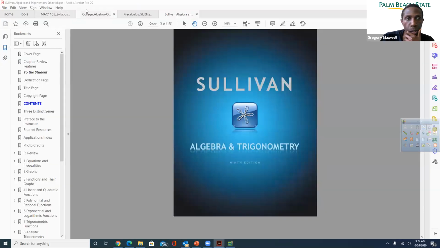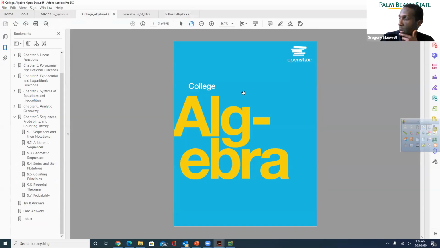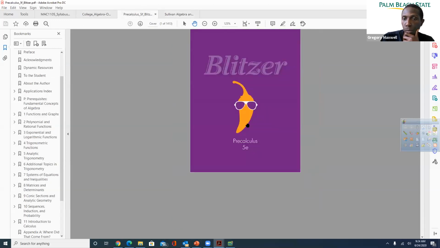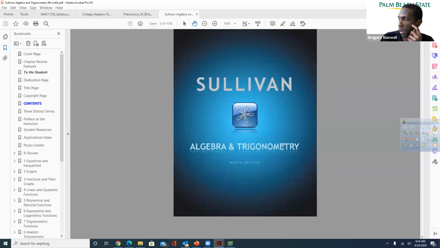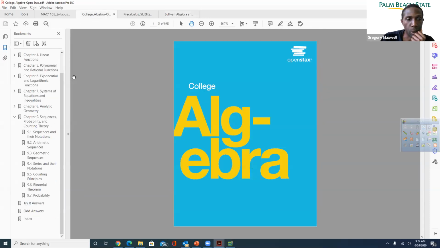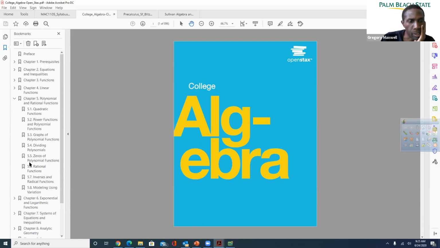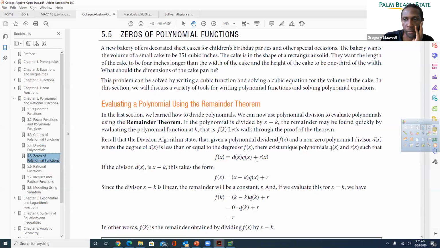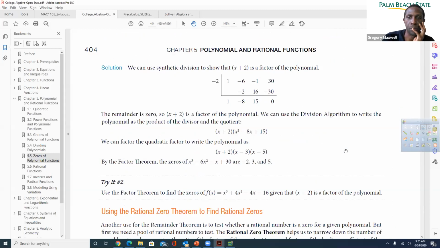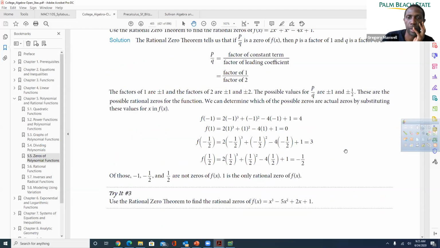The books are the OpenStax textbook, the Blitzer book that is posted on Blackboard, and the Sullivan book. In the OpenStax textbook, over on the left side, there is a section on polynomial functions, chapter 5, and a section on zeros of polynomial functions, section 5.5. So there's a number of questions there that we can try.